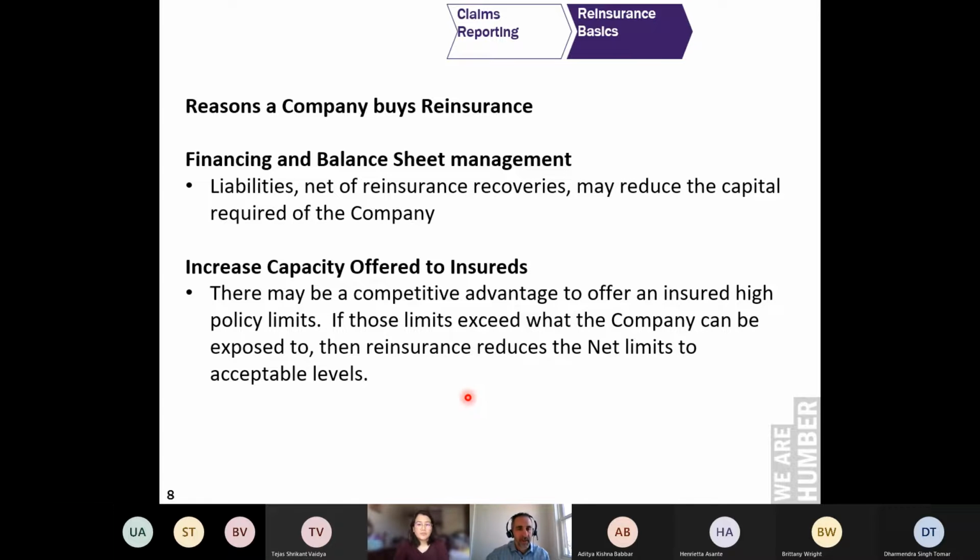Okay, so that would be another reason. That type of reinsurance would be like an excess of loss, where the company takes the first 10, and anything in excess of it, they find a reinsurance partner to, for a premium, be responsible for those claims.